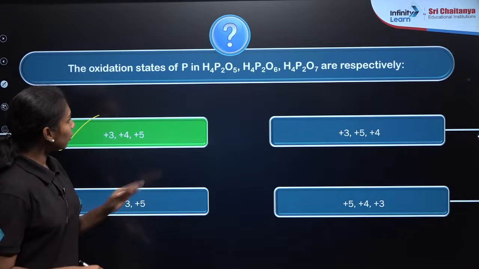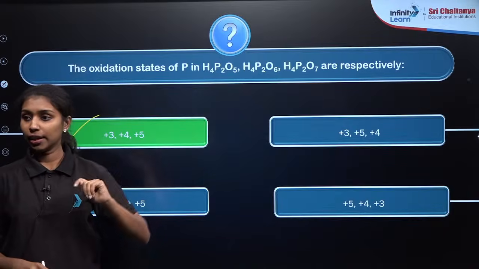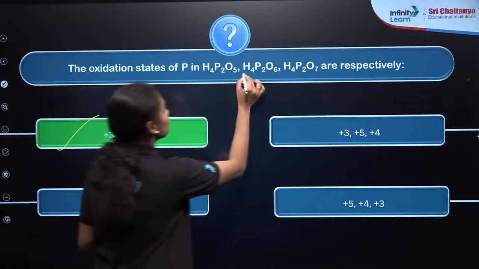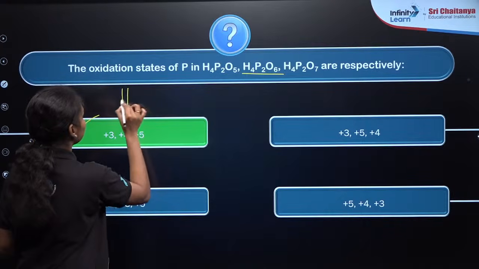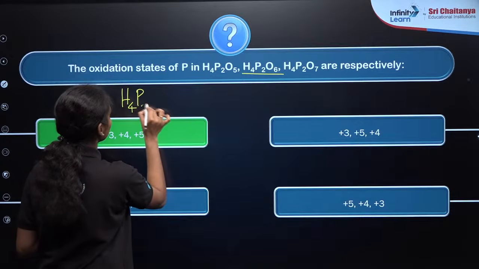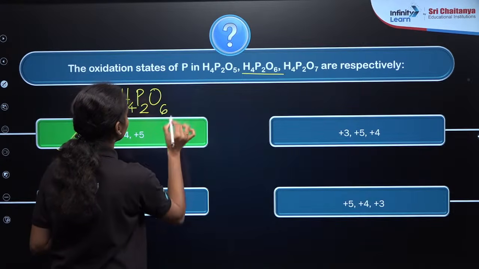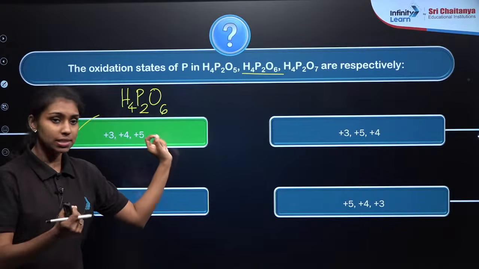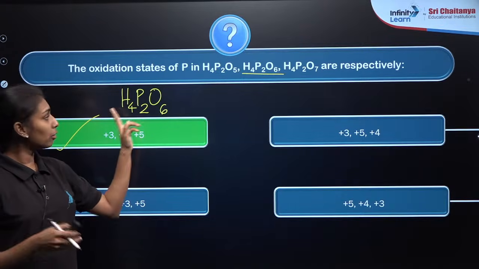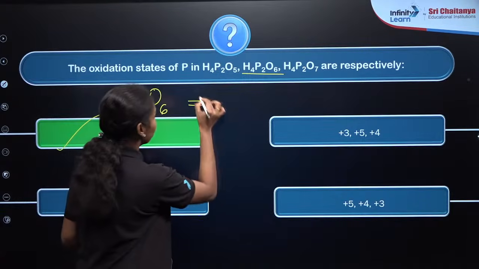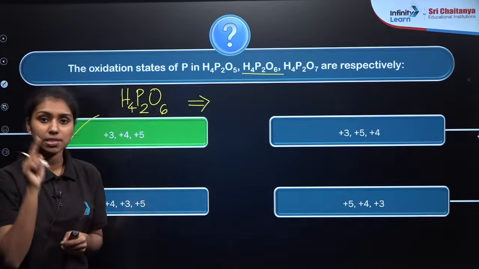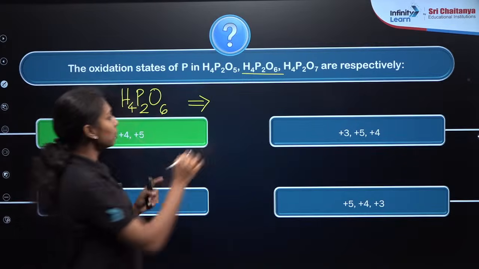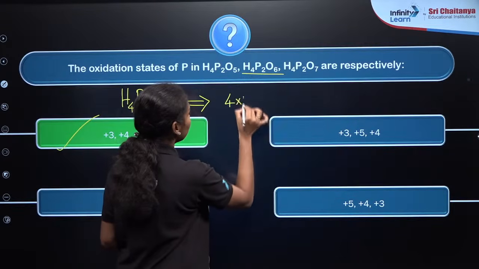Okay, which point do I want to explain? H4P2O6, right? As we already know, for any compound the sum of the oxidation states will be equal to 0. For 4 hydrogen atoms, each has an oxidation state of +1, so it will be 4 into 1.